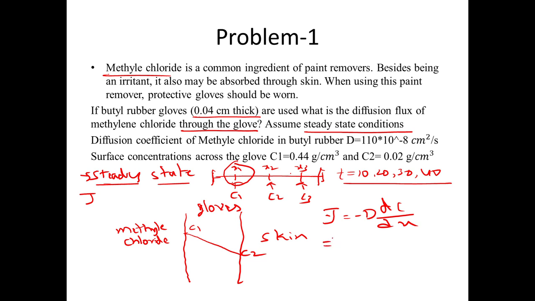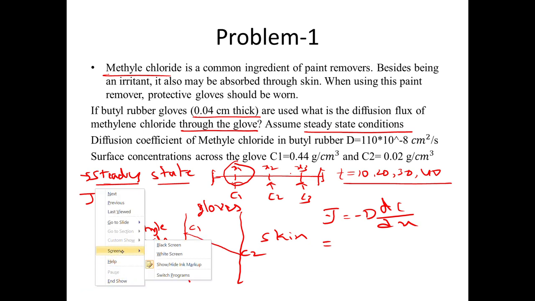We know the value of D. What is the C1 value? Maybe 0.44, C2 value is 0.02, and D value is 110 into 10 to the power of minus 8.